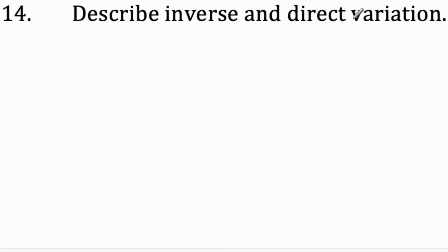Okay, inverse and direct variation. Inverse is where one thing goes up, the other one goes down. Direct variation is when one thing goes up, so does the other thing. Or if one thing goes down, so does the other thing. Examples of an inverse function might be something like power is equal to work over time.